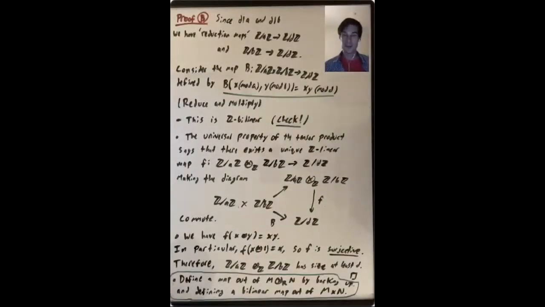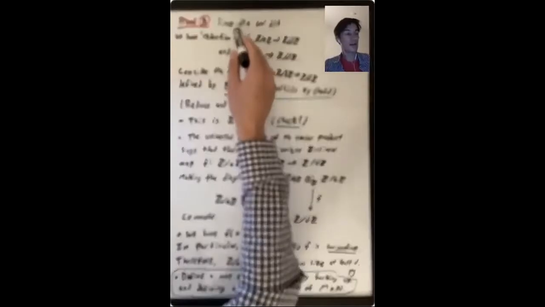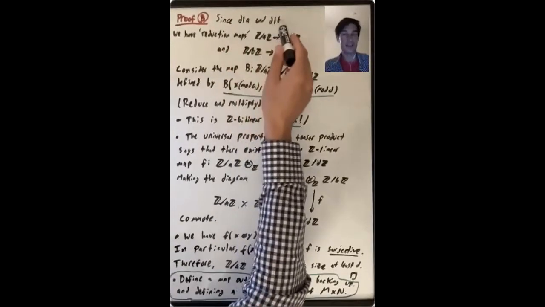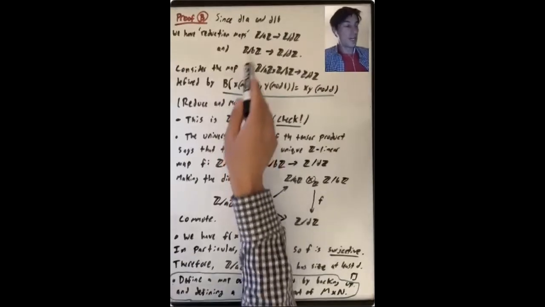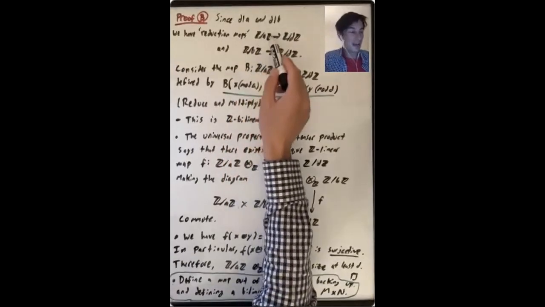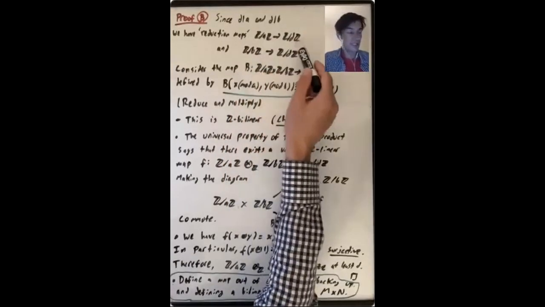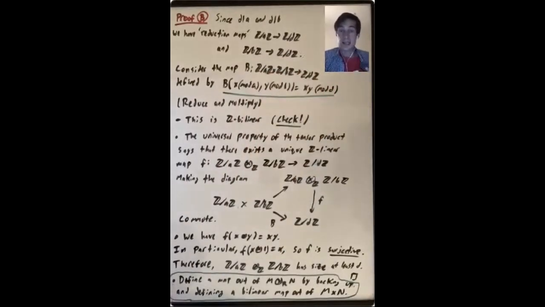Let's finish the proof of this computation of Z mod AZ tensor Z mod BZ by showing that this tensor product has size at least D, the greatest common divisor of A and B. Since D divides A and D divides B, we have reduction maps where you take an element in Z mod AZ and you say, what is it mod D?